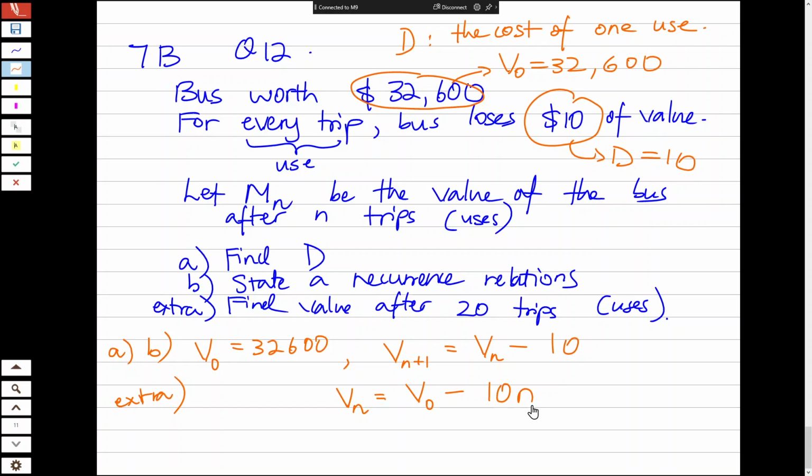This is going from a recurrence relation to a rule. I can substitute whatever value of n that I like into this formula without needing to calculate all the numbers before it. So I could pick n equals 1,000 here, and I get it for free very quickly. So if I substitute n equals 20, V20 equals 32,600 minus 200, which is 10 times 20, which is 32,400.